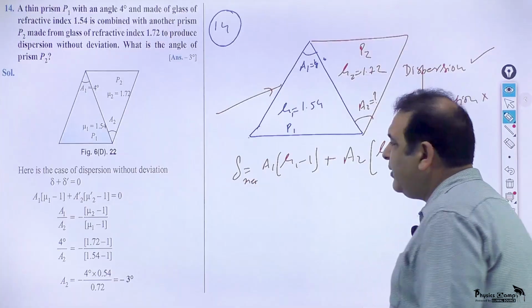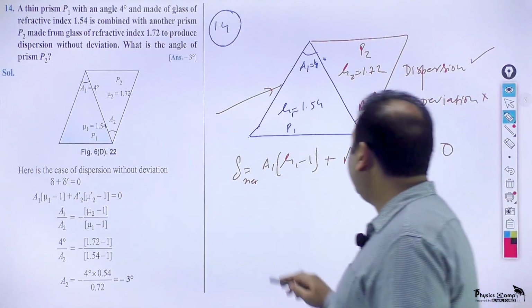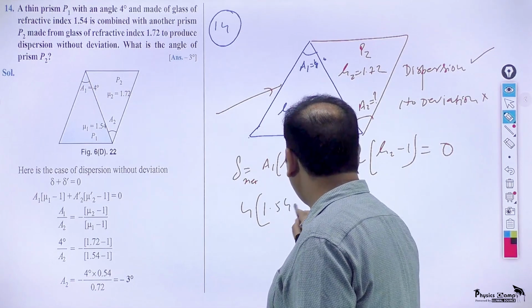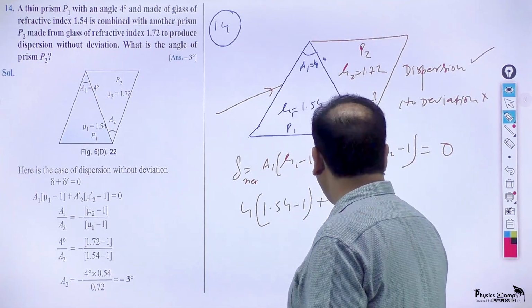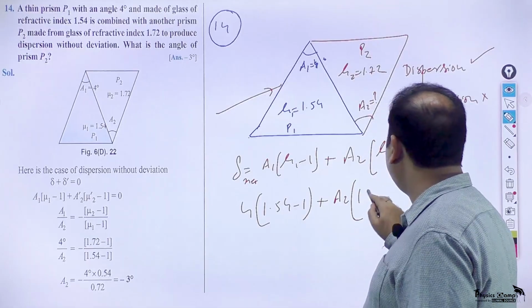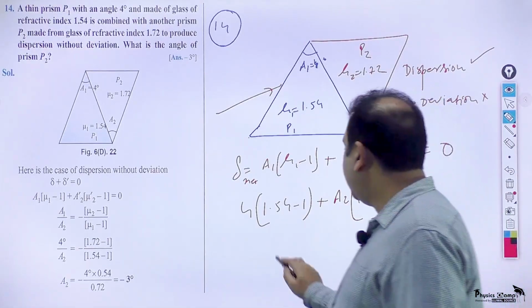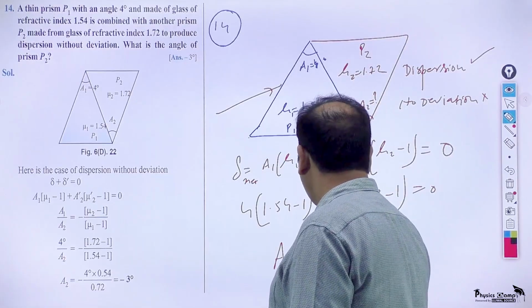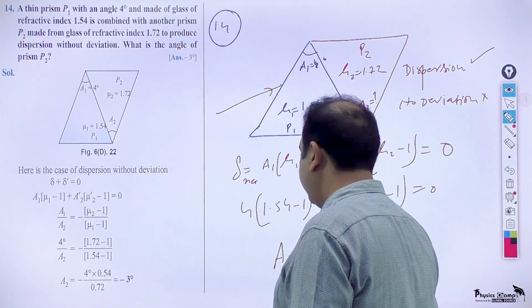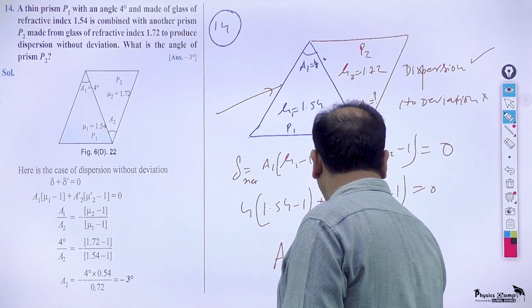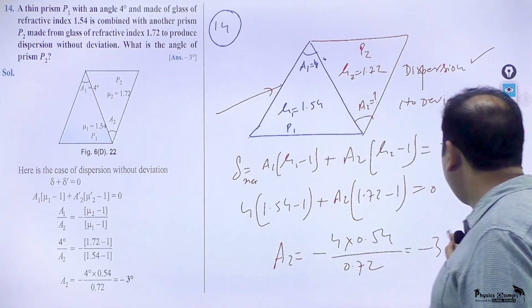And we want no deviation. So A1 is 4 degree and mu 1 is 1.54 minus 1, and A2 we want, and mu 2 is 1.72 minus 1. So we get A2 which is minus 4 into 0.54 divided by 0.72. So we are getting minus 3 degree.